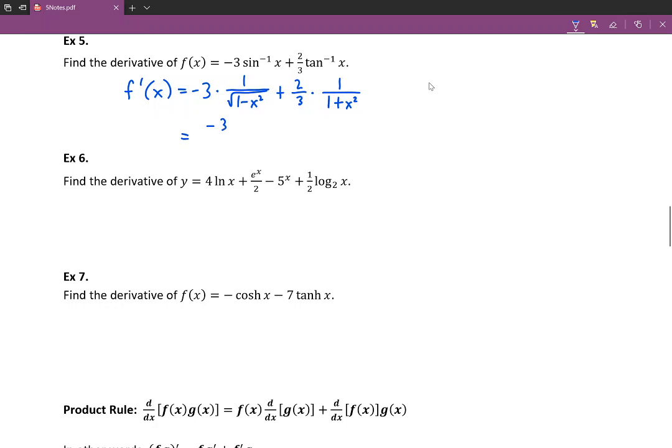And then clean up a little bit. Oops, I guess I'll write this as 1 plus x squared just to be consistent. 1 plus x squared. There we go. And that's it.